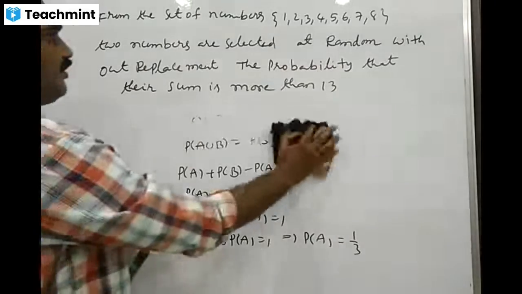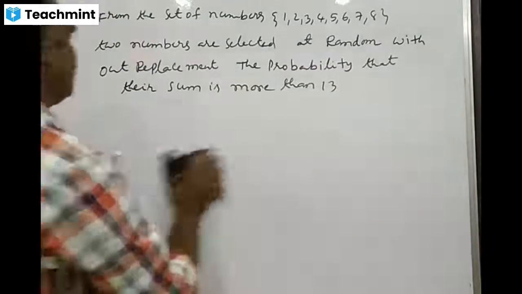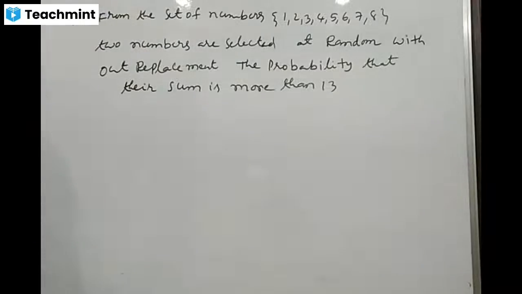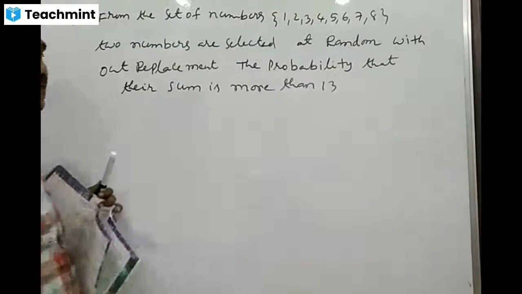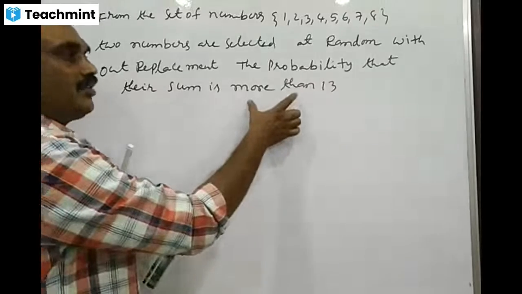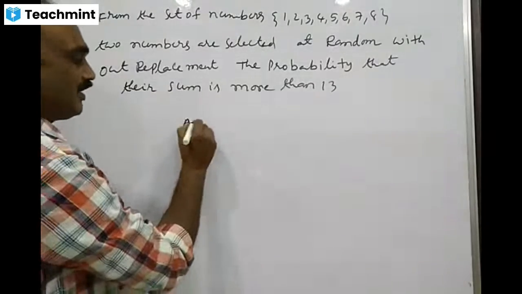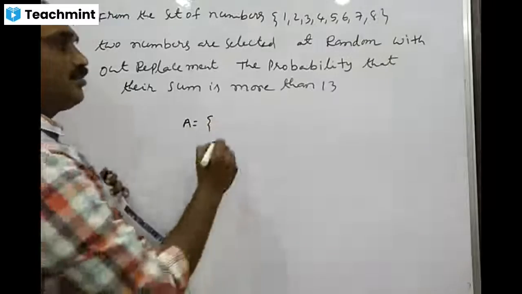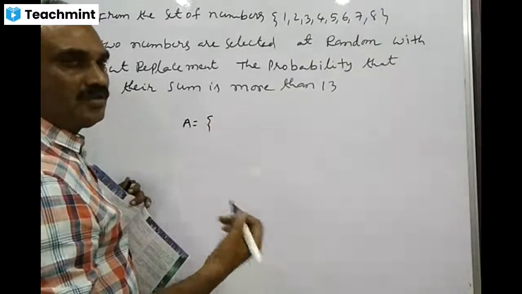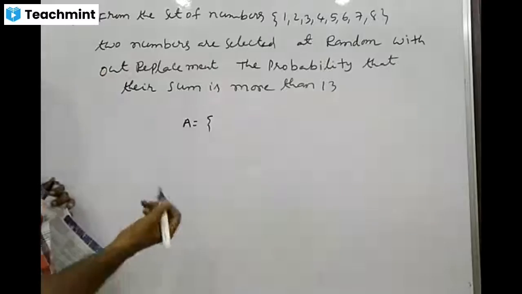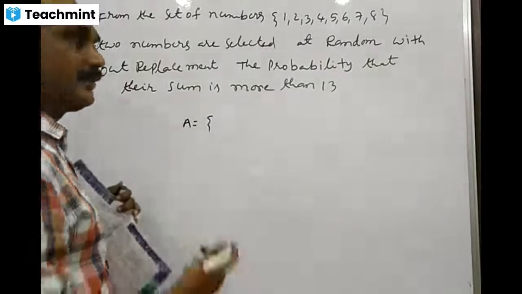So from the set of numbers, total 8 numbers, two numbers are selected at random without replacement. So here the probability that their sum is more than 13. Friends, here the favorable event is sum is more than 13. Suppose I am taking that event as A. What are the favorable outcomes? Sum is more than 13 means 14, 15, etc.